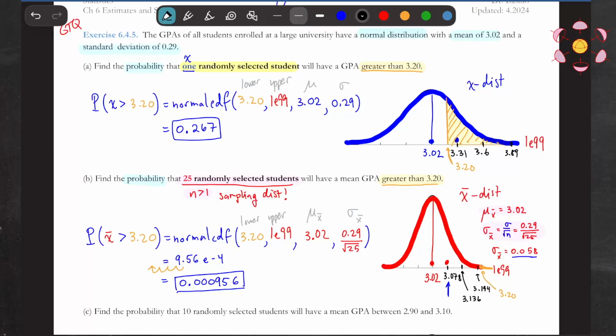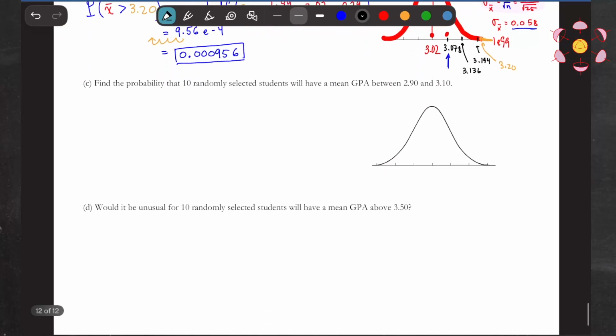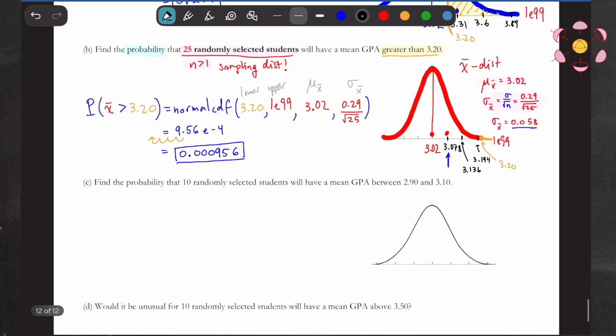Okay, almost done. We've got two more parts. Let's wrap up this example. So, part C, what does it say? Let's go a little quicker now. Find the probability that 10 randomly selected students will have a mean GPA between 2.9 and 3.0.